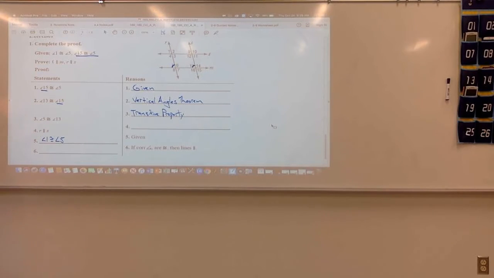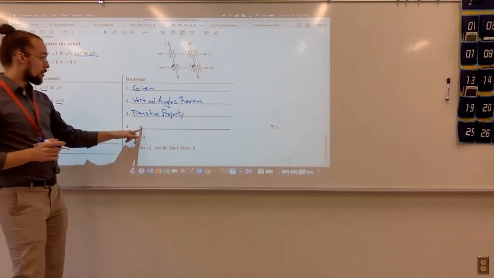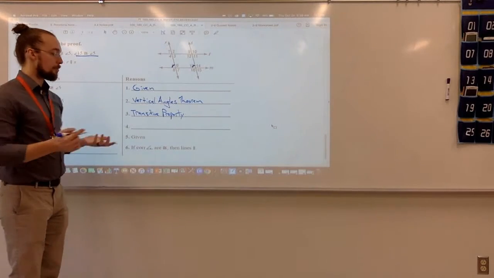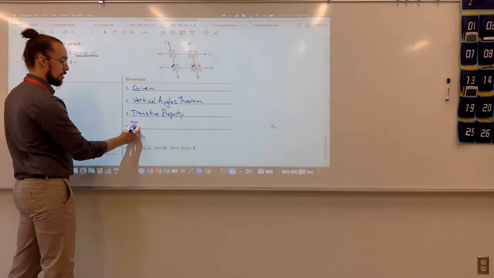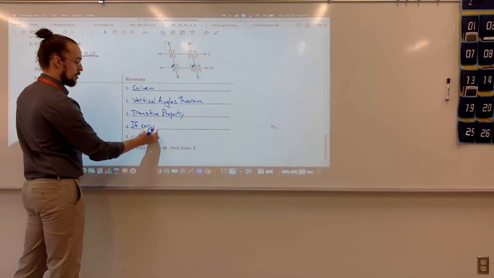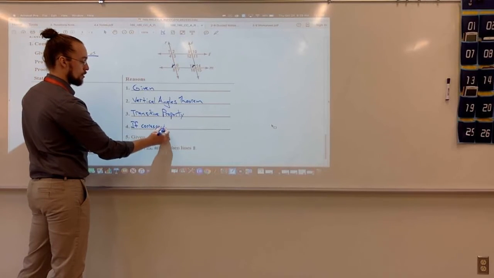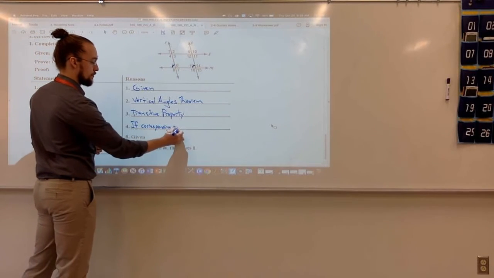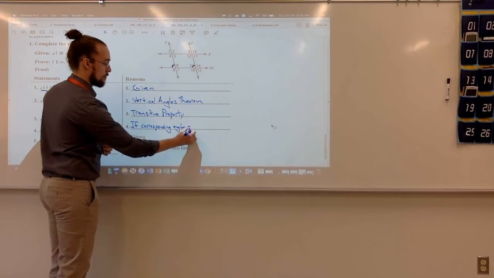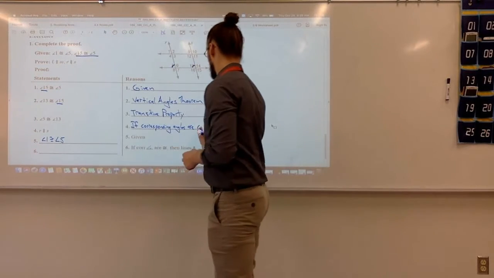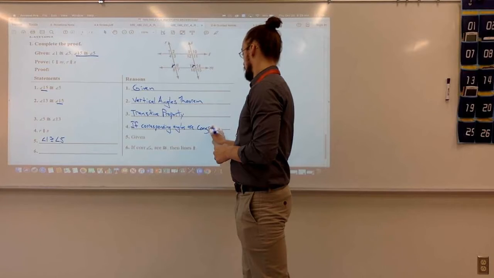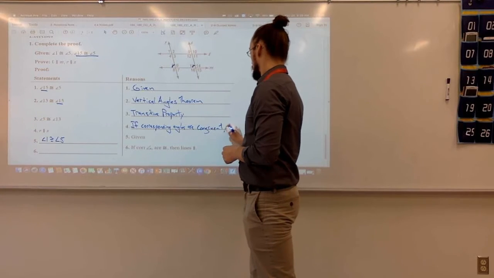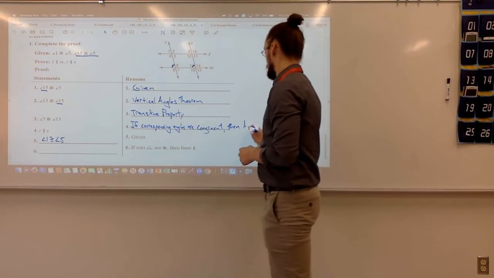They're corresponding angles, right? So here I can say R and S are parallel because if corresponding angles are congruent, then lines are parallel.